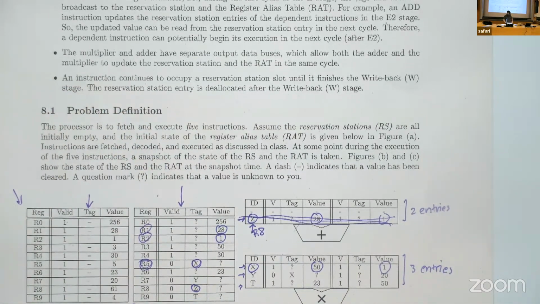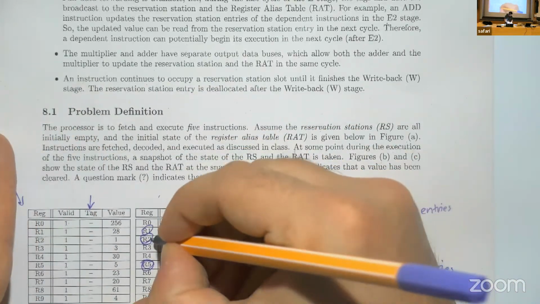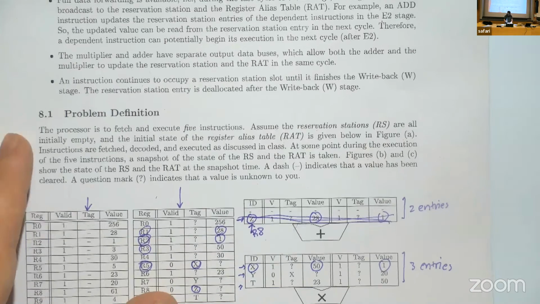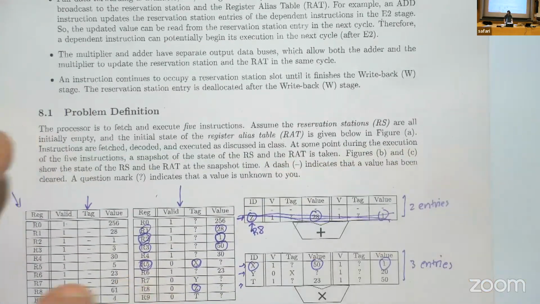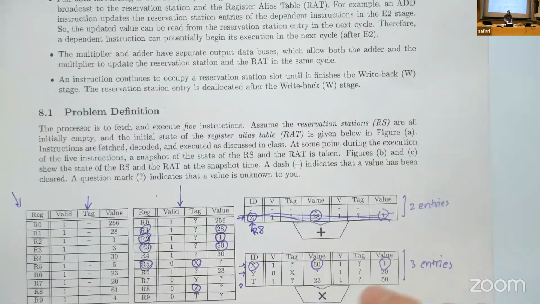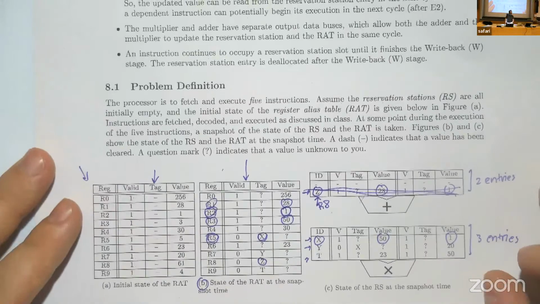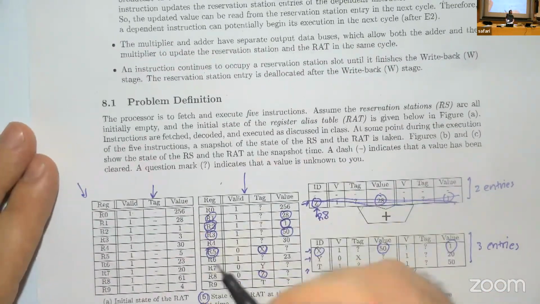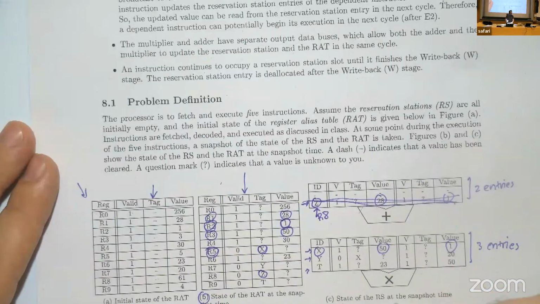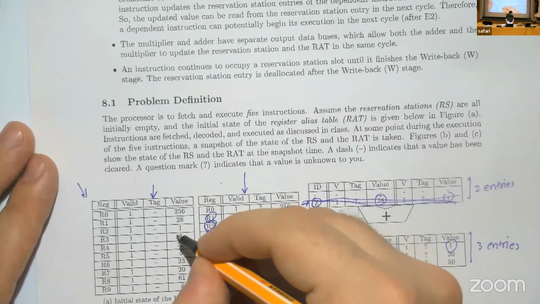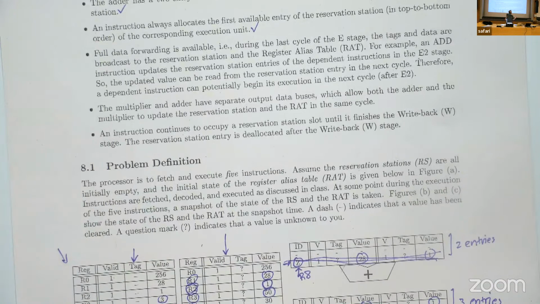You can see that R2 and R3 have the values 1 and 50. So what is the catch here? The catch is that if you see in the initial state of the register alias table, R3 did not have the value 50. R3 had the value 3. So which one is the first instruction that was executed before everything? It was the one that updated register R3. Okay, and we need to find what sort of instruction this should be.